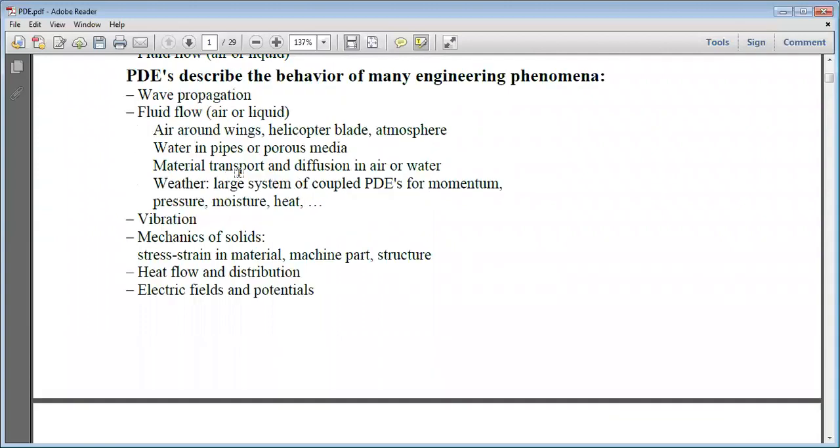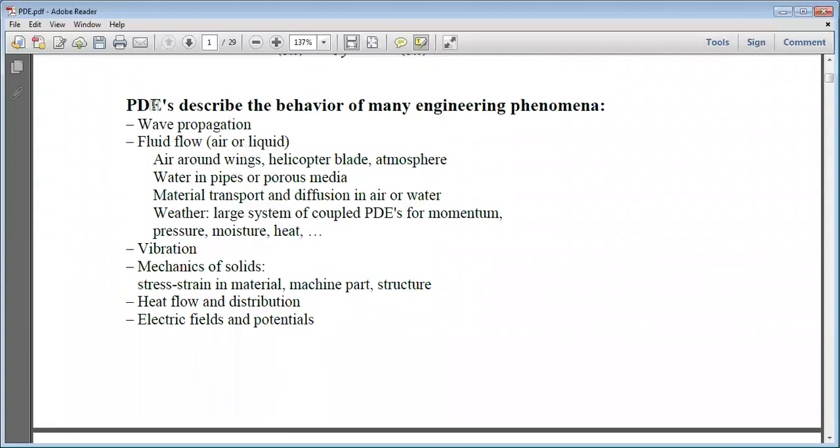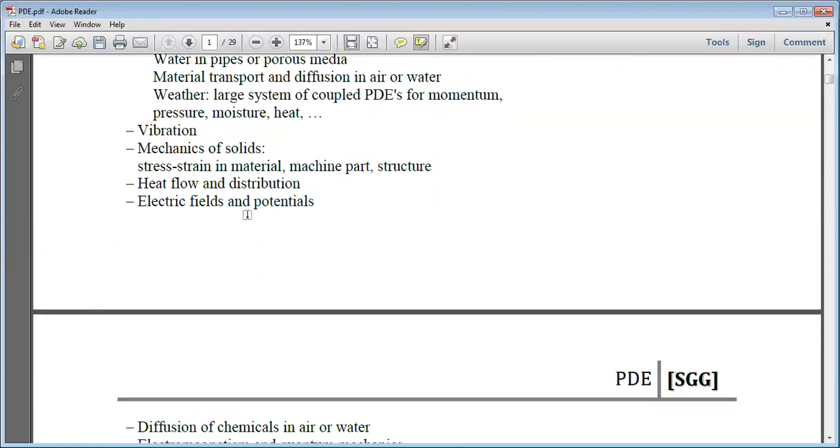These are the fields where partial differential equations are involved and required. We have to solve partial differential equations to solve these different phenomena in engineering.